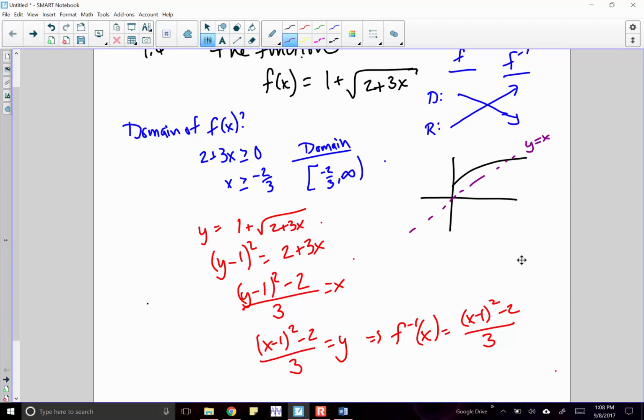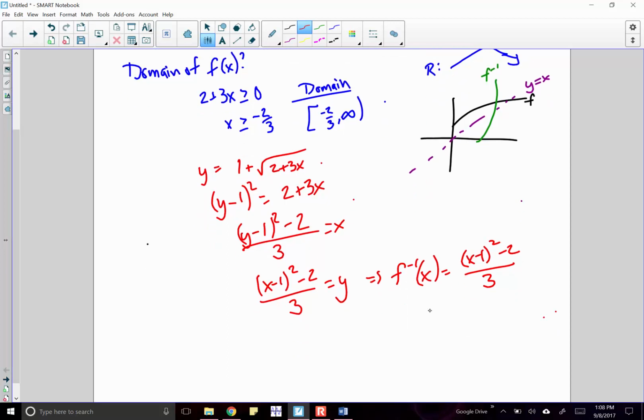If I reflect that, the image would roughly look something like this. So this would be f inverse if this was f. Yes, I know my drawing isn't to scale, it's just a quick little sketch. For the domain of the inverse, I think I would need everything to the right of the vertex.